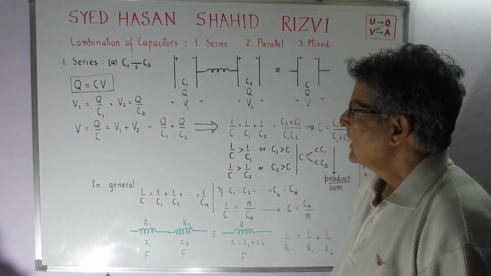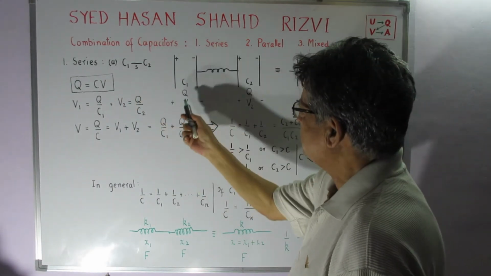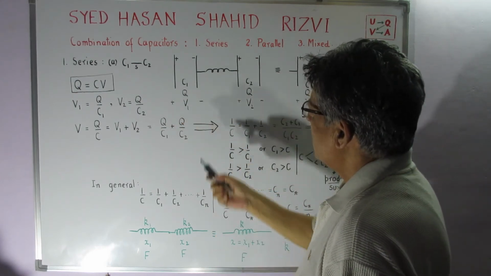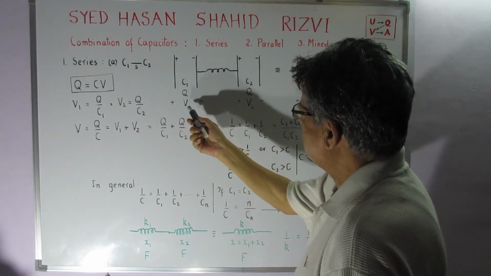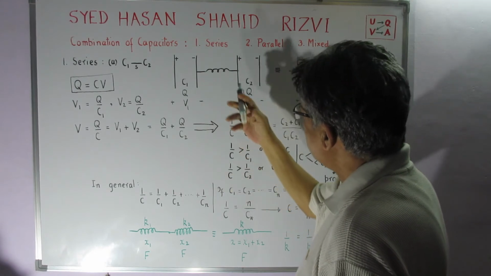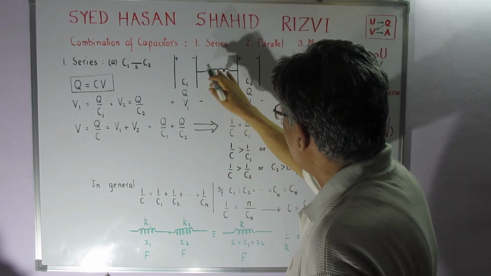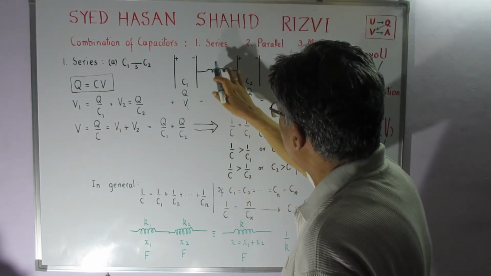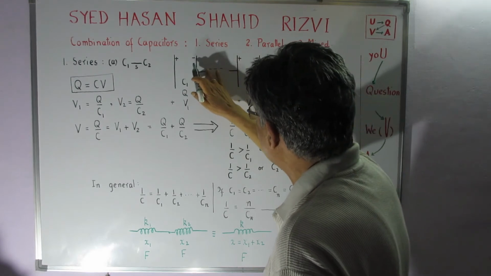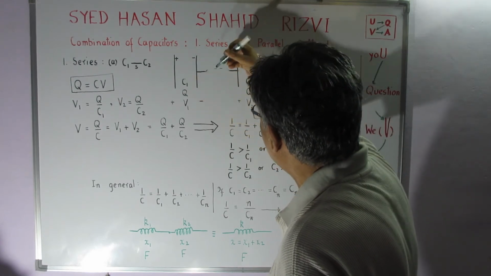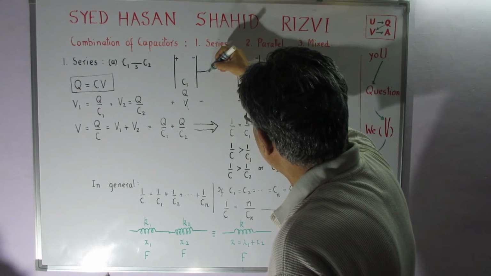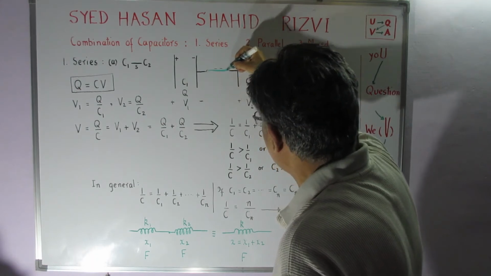Now I have two capacitors, C1 and C2, with potential differences V1 and V2, and I have shown it here as a copper wire kind of a thing, but I will rather combine them directly like this.